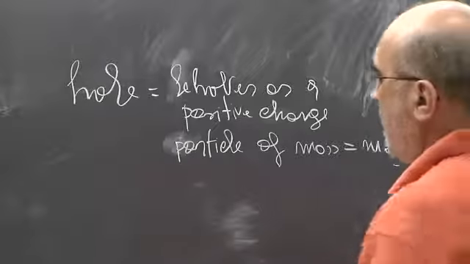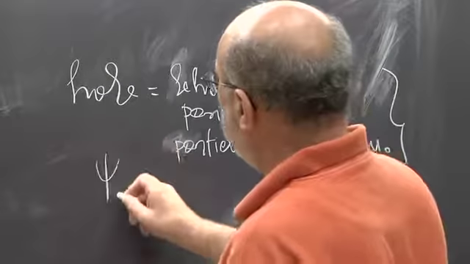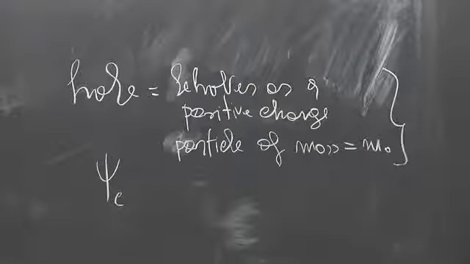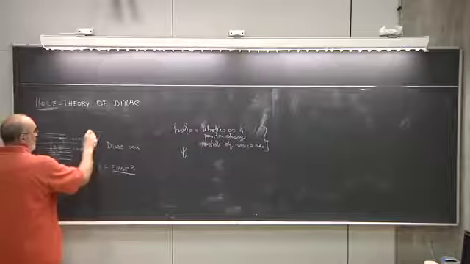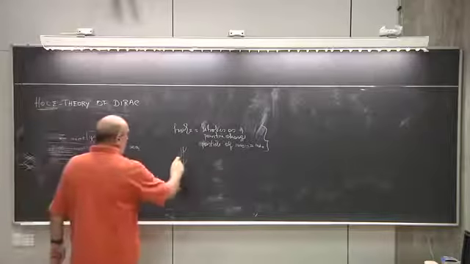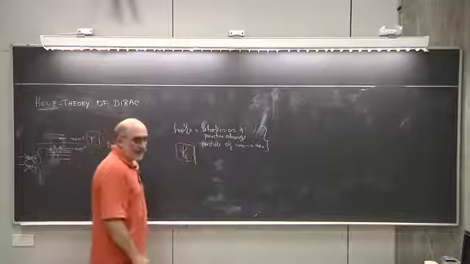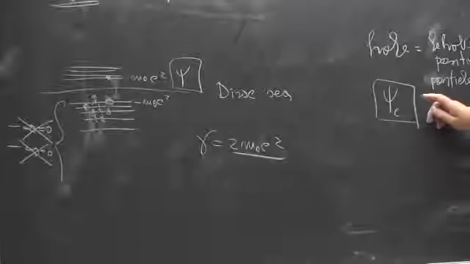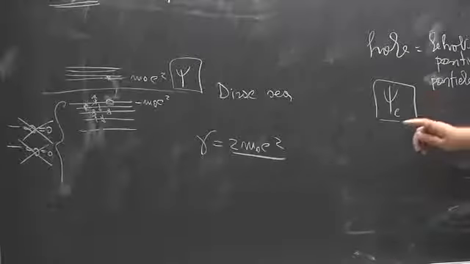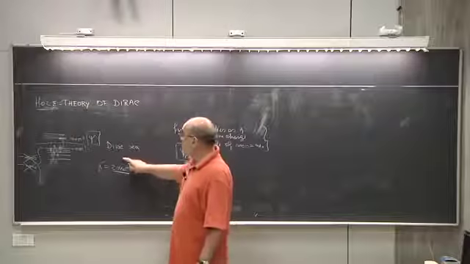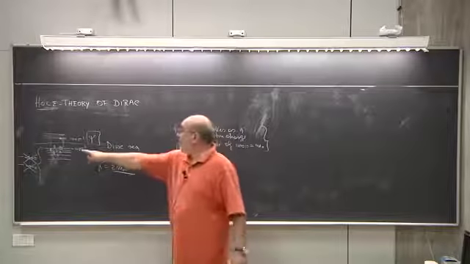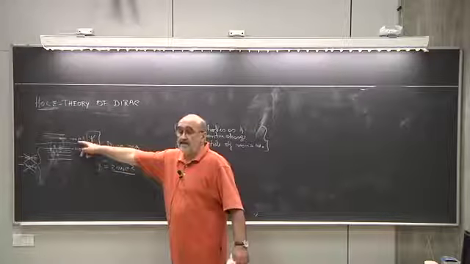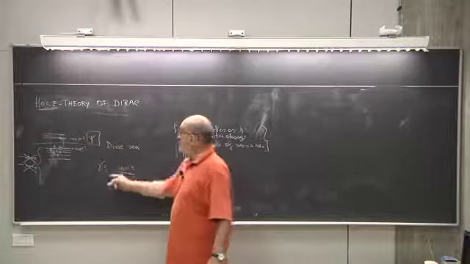So this hole, this solution, let's call psi c. So we have this that is described by our usual wave function of Dirac, and this one that is a particle with positive energy. Why positive energy? Because the total energy we have given is this. So this particle must have taken half of this, because the first one took this, the second particle must have taken this.